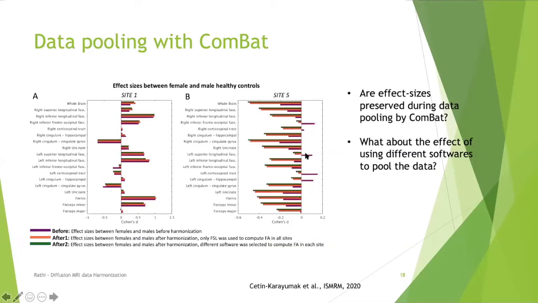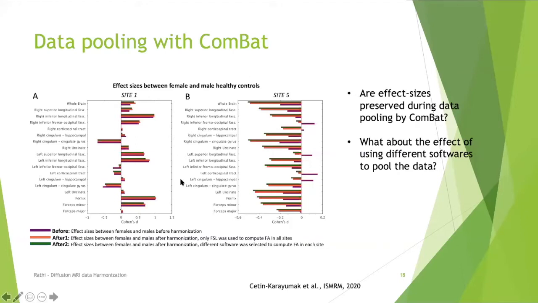So what it means is that, in this case, if the females were having a higher FA than males, now after harmonization it's the opposite. And this is at a group level. So there could be certain issues affecting how Combat works, because these nonlinearities in processing the data have perhaps added more to the problems for harmonization in certain cases.